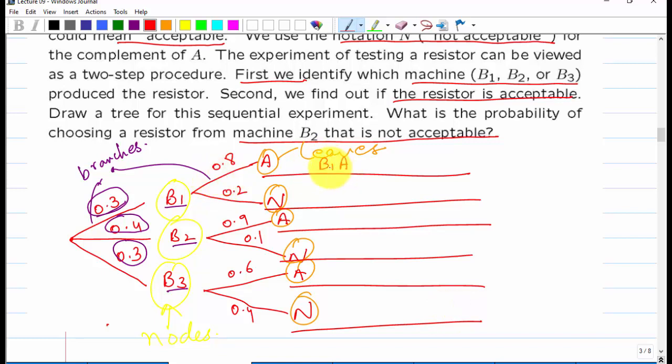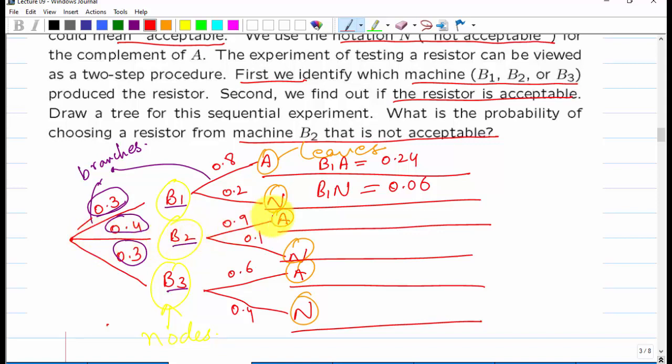The probability of this one will be the product of all the branches from root to that leaf. Here we have the 0.3 branch and the 0.8 branch, so we multiply them and get 0.24. Similarly B1 not acceptable, so B1 is 0.3 and this is 0.2, so it is 0.06.